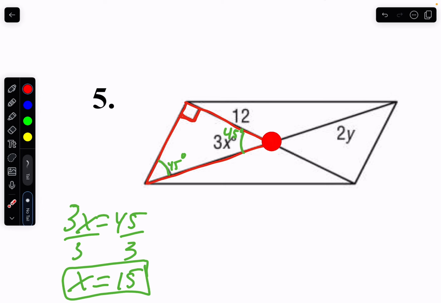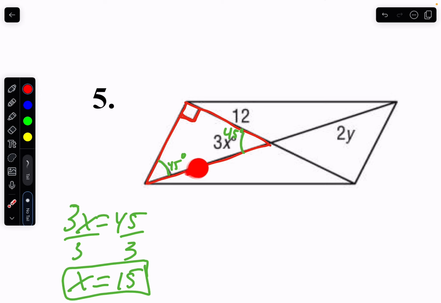However, knowing that this is a 45, 45, 90, going again to lesson 8-2, well, I know that this is the leg, so this will be the hypotenuse of a 45, 45, 90.